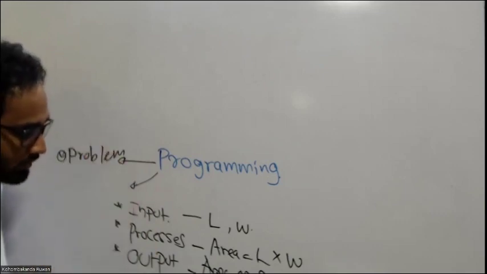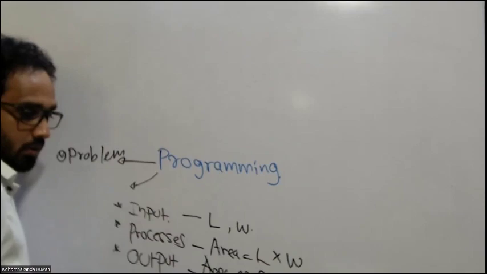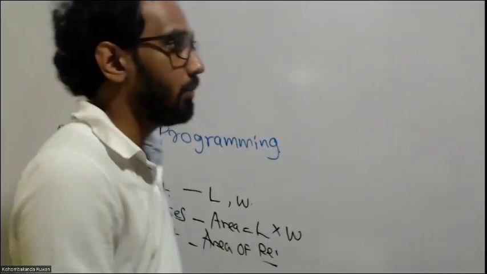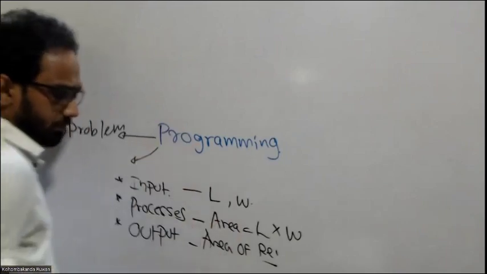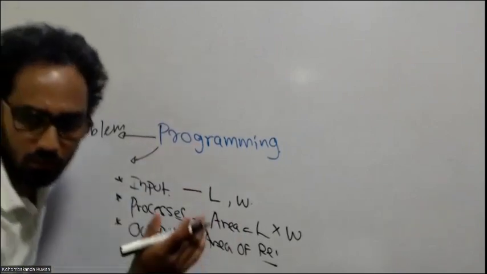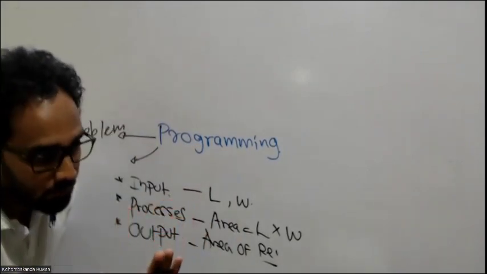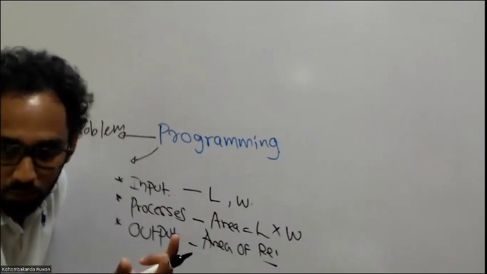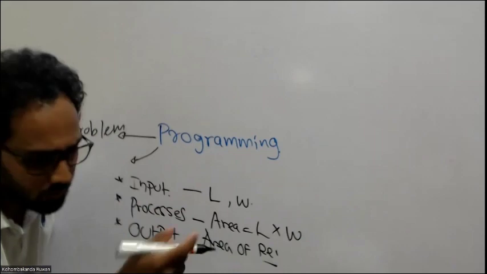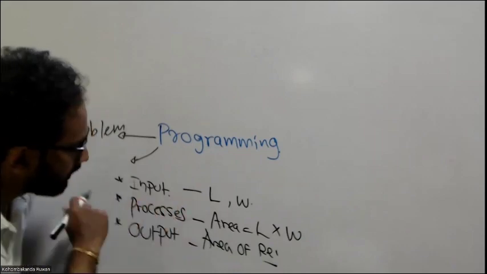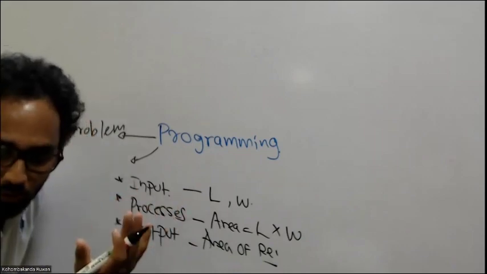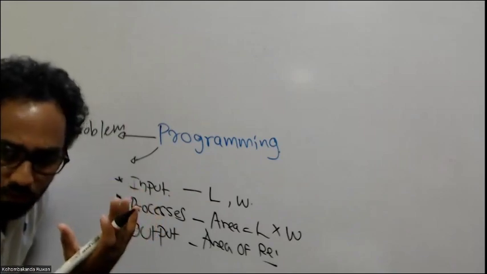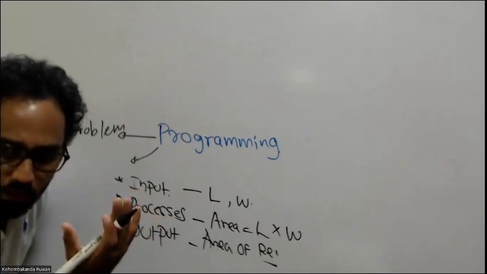To prepare a fruit salad, what are the inputs? To prepare a fruit salad, what are the inputs for that? We discussed these things, right? Inputs are the fruits. Fruits, right? Banana, mango, pineapple, right? Those are the inputs. Sugar, salt, right? Those are some inputs. The process, right?